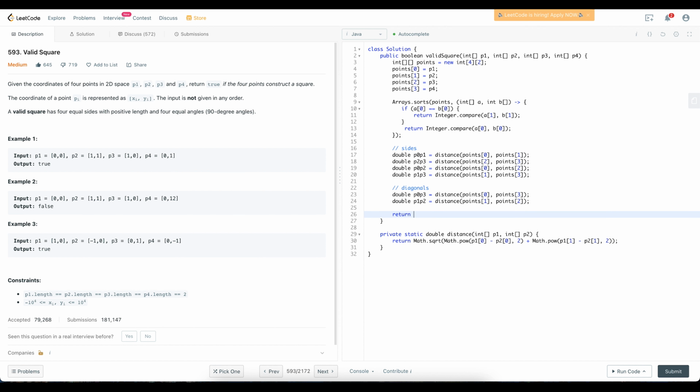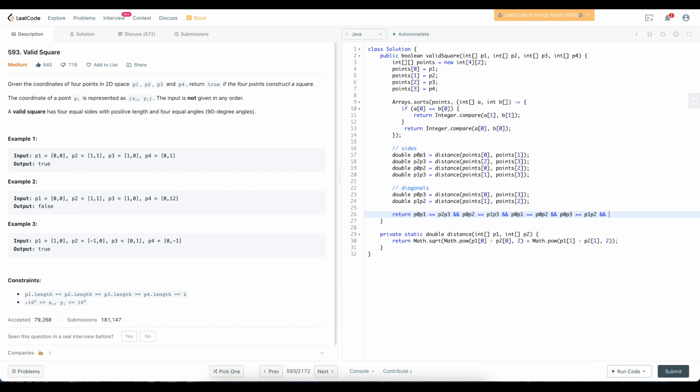First we're going to check that p0, p1 is equal to p2, p3, and p0, p2 is equal to p1, p3, and p0, p1 is equal to p0, p2. This is going to check that all the sides have the same length. We're also going to check that p0, p3 is equal to p1, p2. This checks that the diagonals are the same length.